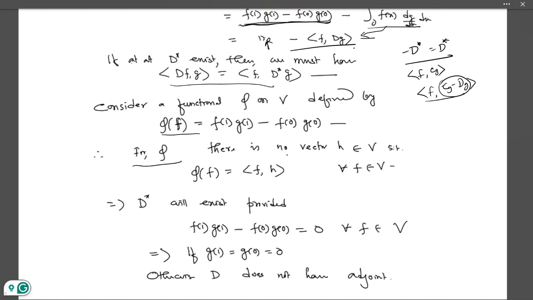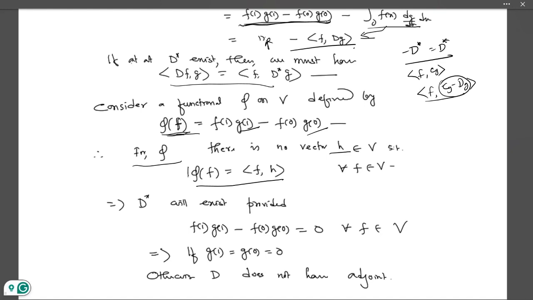For phi there is no vector; basically here we don't have g, so this is constant. What about f of 1 minus f of 0? There is no h such that it satisfies this condition. We have done this for integration.